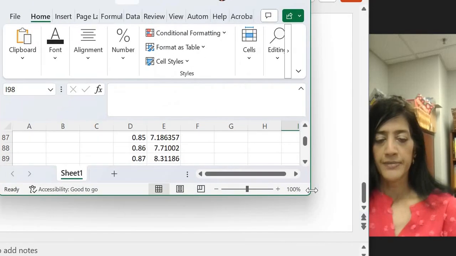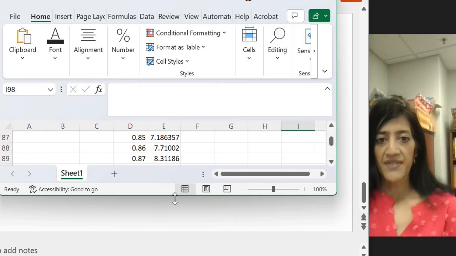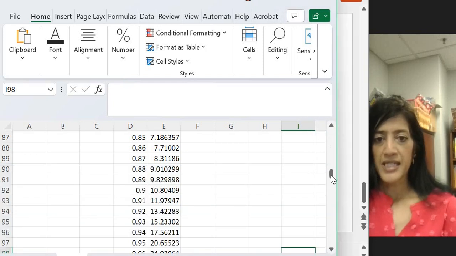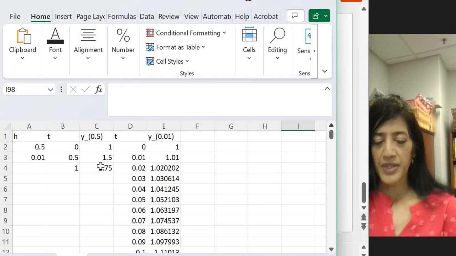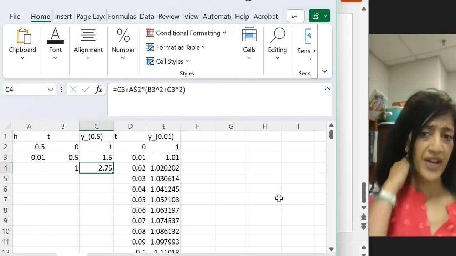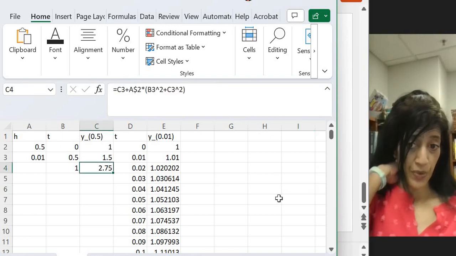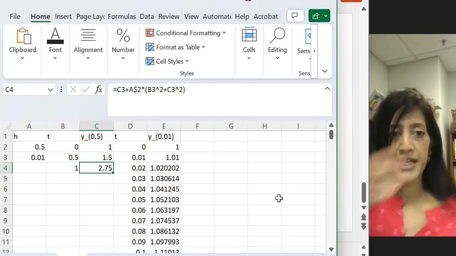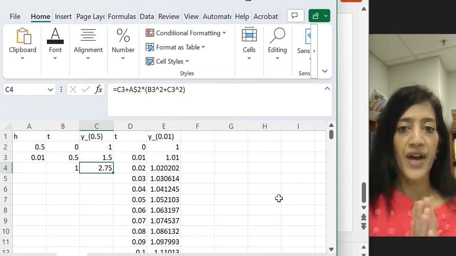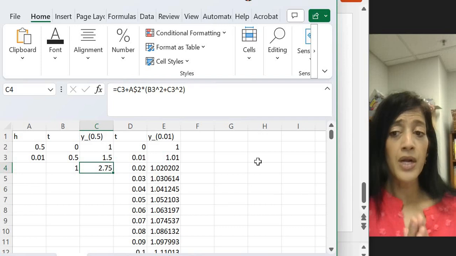Surprisingly, it's not like the other ones, because I get 2.75 as my value at t equals 1. So I get really different things when I change the step size. And that's not what you found before. So why is that? Well, let's look at these solutions.